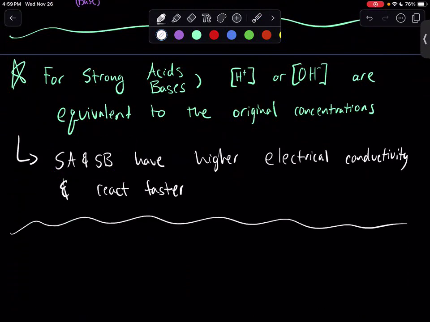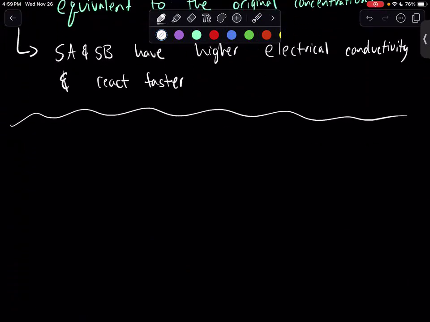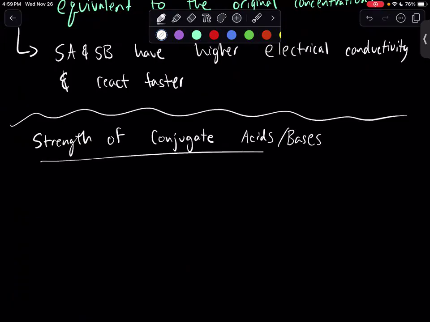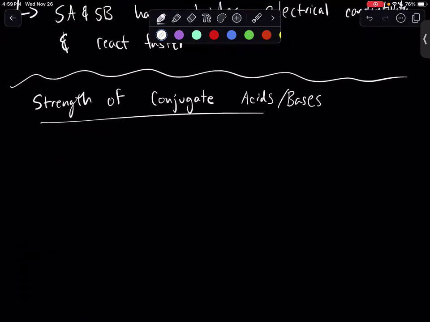The last little bit about this whole section is talking about the strength of conjugate acids or bases. So when we look at the strength of them, one of the best ways to do that is to compare two. So we'll compare HCl, a strong acid, versus ethanoic acid, or vinegar, a weak acid. And we'll look at these equations.